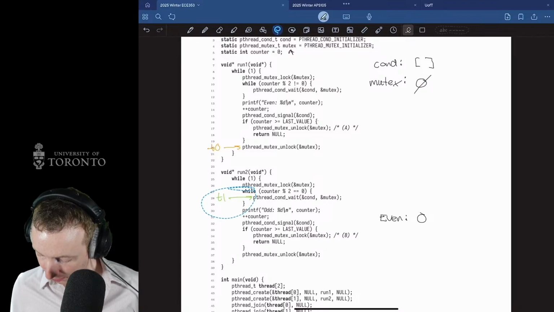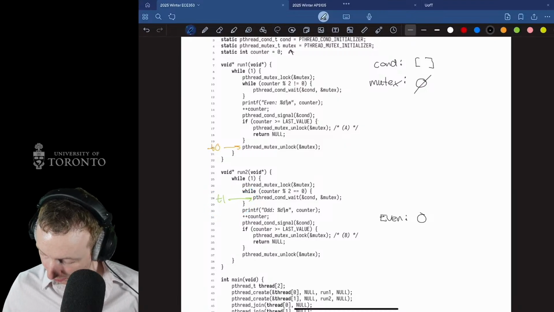So in this case, if we keep on going with it, our counter increased to 1.